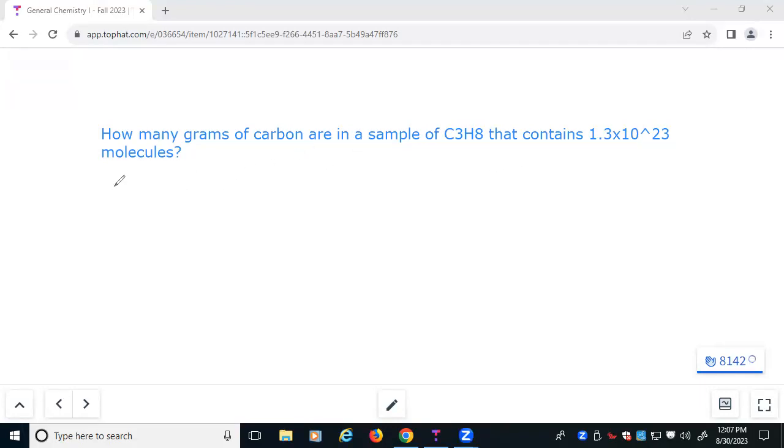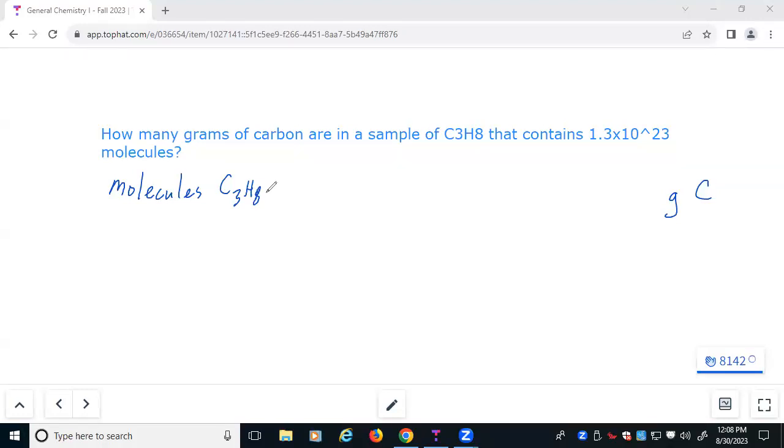we are starting with molecules. And we're eventually going to get to grams of carbon. So we've got molecules of propane, C3H8. We want to turn it into grams of carbon. Now, the way to get from there to there, there's a lot of different ways that you can go.